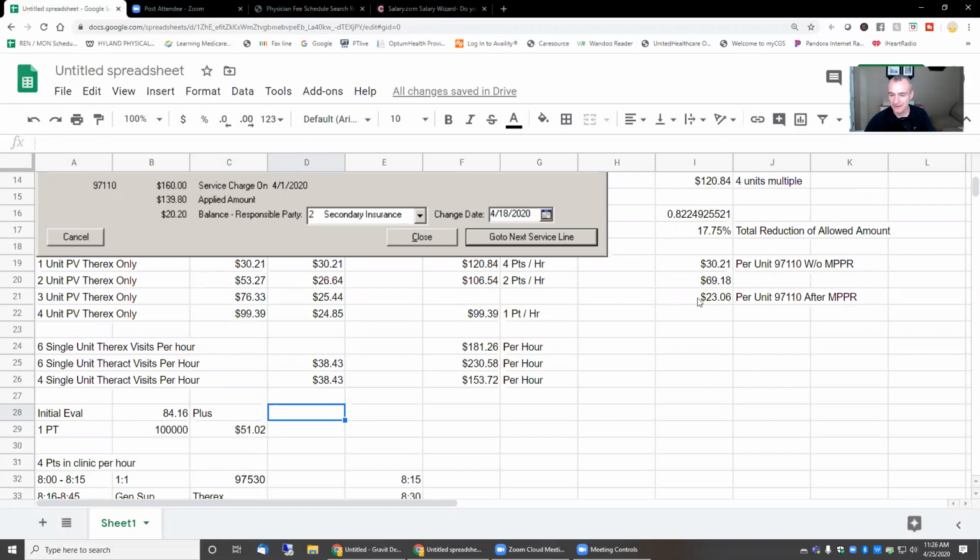No, we determined per unit after MPPR is 23.06. So let's say plus 2 unit Therex after MPPR.